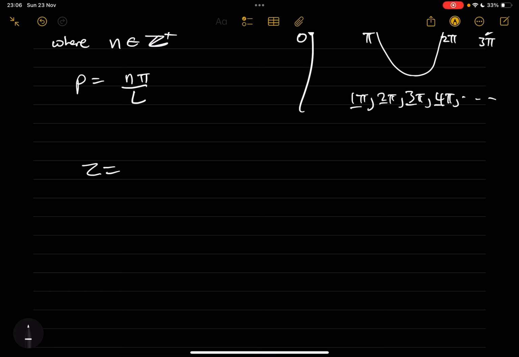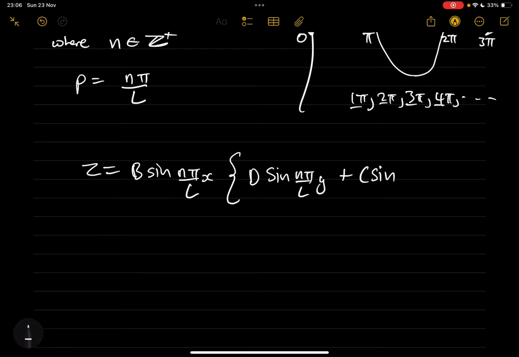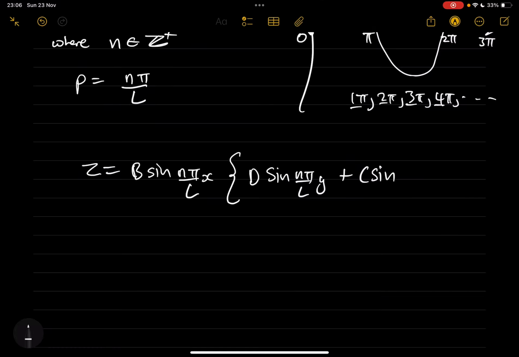So z is equal to b sine n pi over l x, d cos n pi over l y plus c sine n pi over l y. So this is what we have.